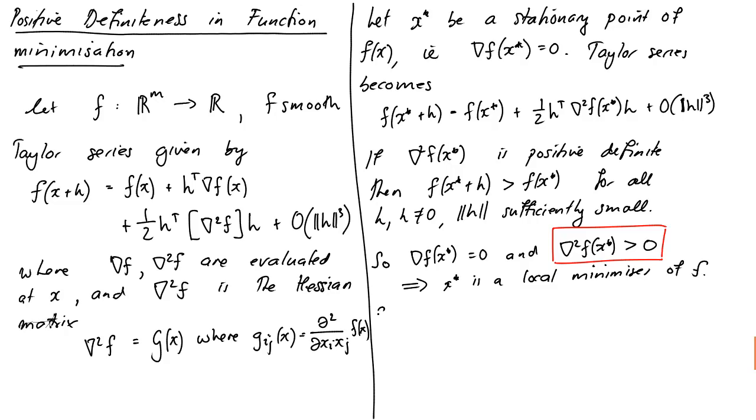Similarly, grad f of x star equals 0, and the Hessian is negative definite, this means we have a local maximum.